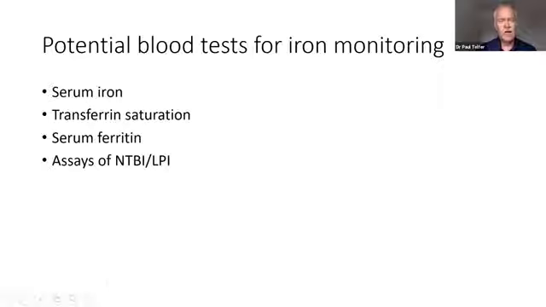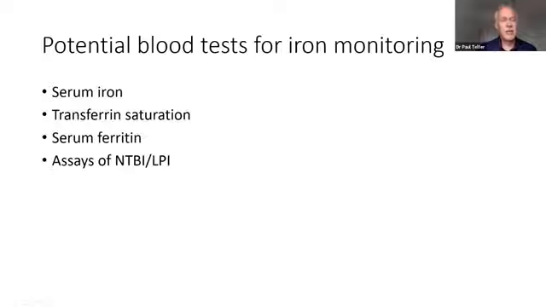Well, what about the blood tests that we can use to monitor iron? There are a number that are widely available in health service and private laboratories that could be of value. And I've mentioned the NTBI and the labile plasma iron, which are not yet validated, and so I'm not going to recommend those. Serum ferritin I'm going to talk about, and a little bit about transferrin saturation as well, which does have a certain value.